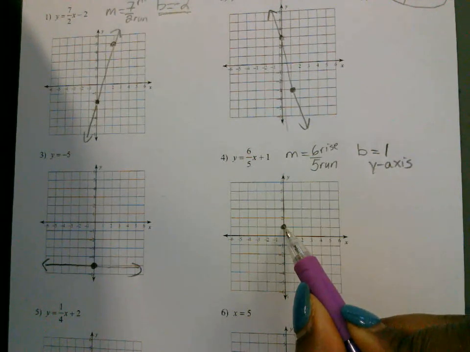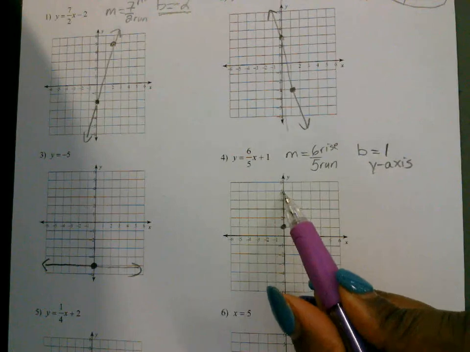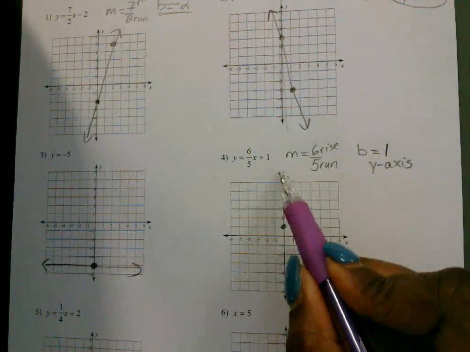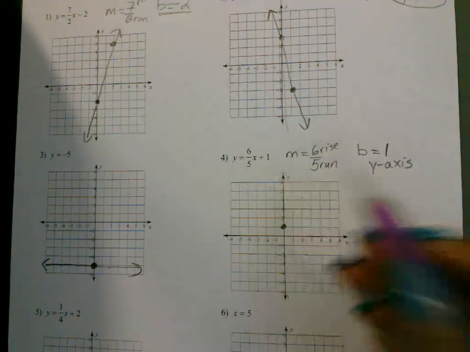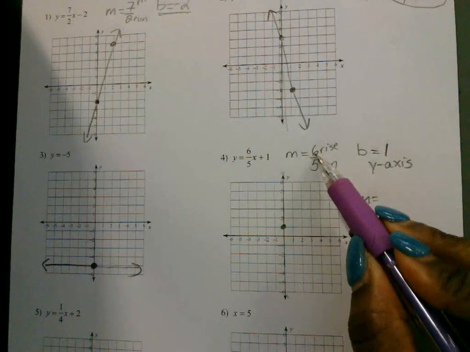From here, I got to go up 6 and over 5. 1, 2, 3, 4, 5. Not enough space. This will be 6. Since you don't have enough space to go this way, let's do this backwards. What is the opposite of a +6?